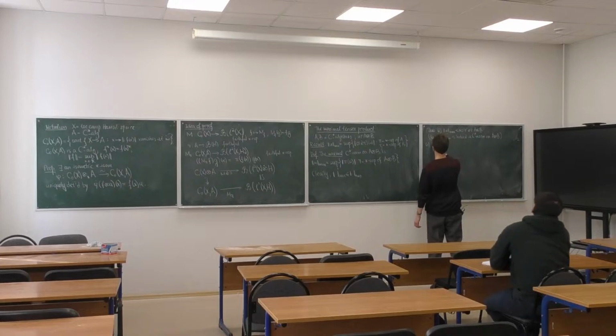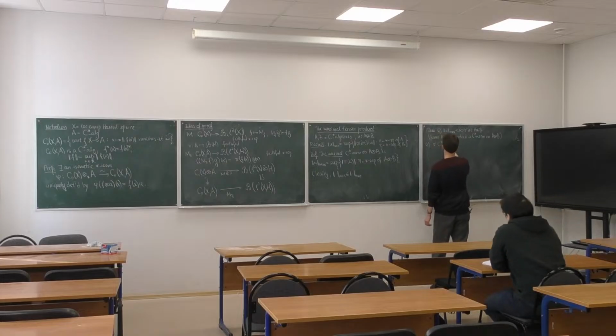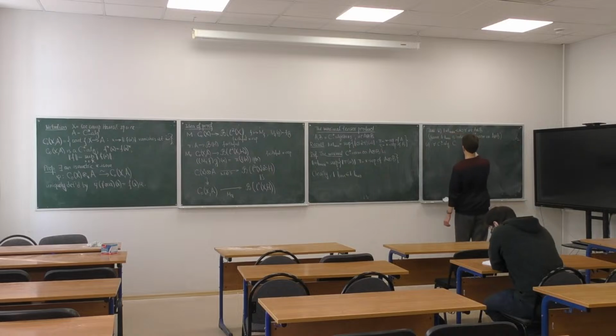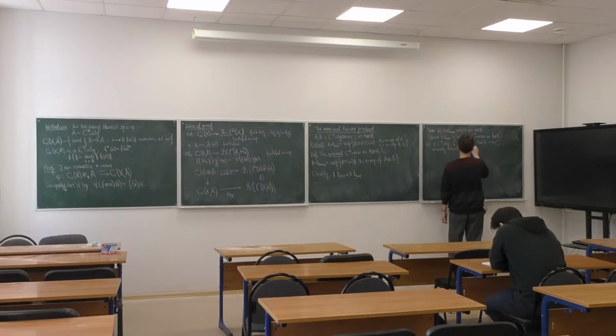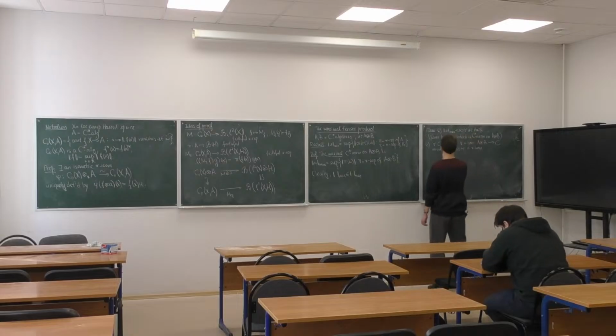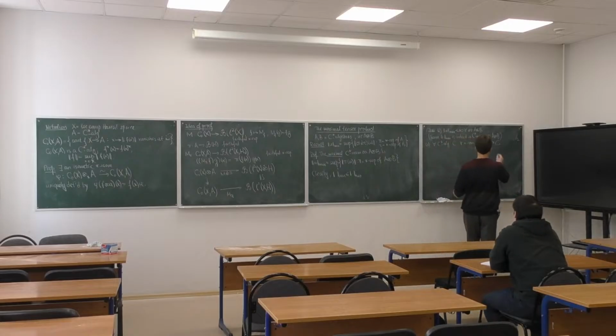So for every C-star algebra, let's call it C, and for every star homomorphism phi, let's just consider an arbitrary star homomorphism from A tensor B to C. What I want to say is that it satisfies the following estimate.